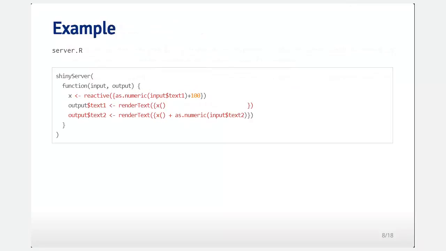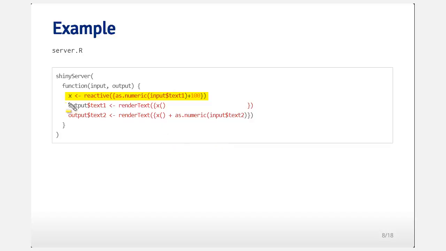Okay, so I think it's easiest to explain this in just an example. So here's the second example. Here I have basically the same UI.R function. But imagine now I want to take my text input and add 100 to it, but I only want to do that once. I want to add 100 to it, and I want to display it twice, right?